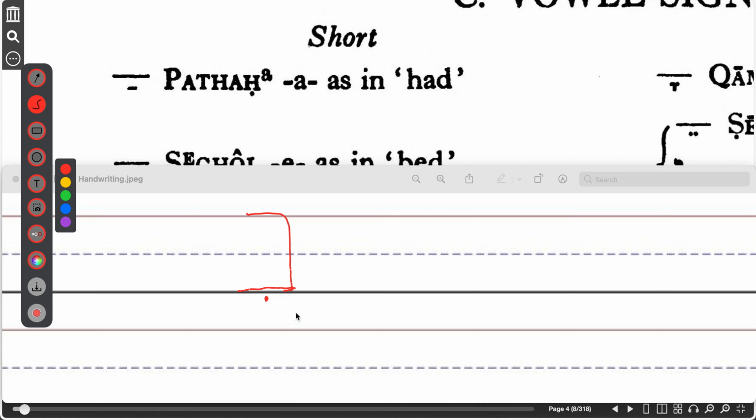Could do it that way. Could draw the letter like this. No, that's not a good one. Needs to be more curved. And then let me try it again this way. I could do it like this.